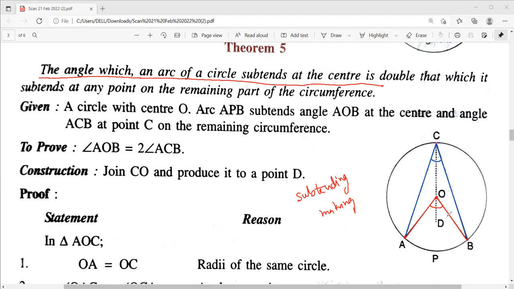Angle AOB will be double. The angle which an arc of a circle subtends at the center is double that which it subtends at any point on the remaining part of the circumference.